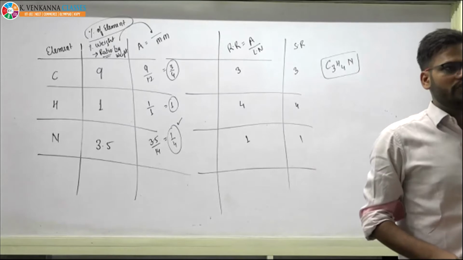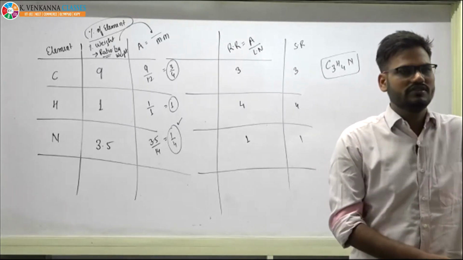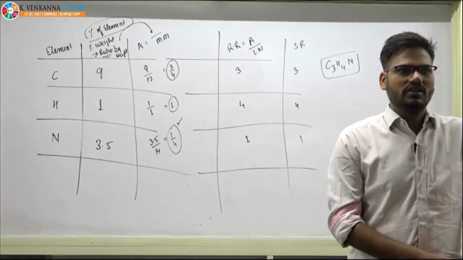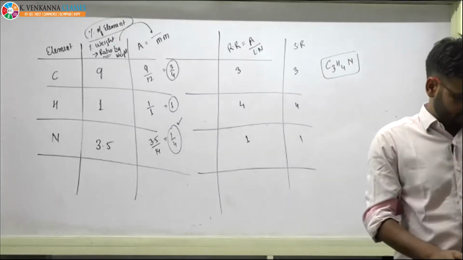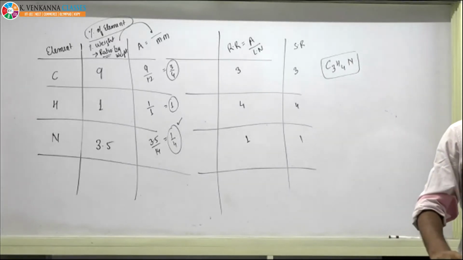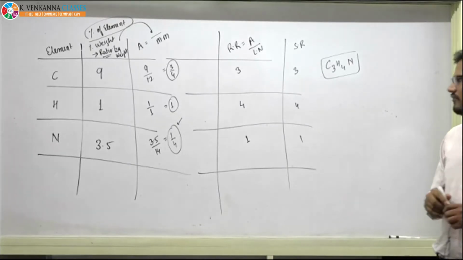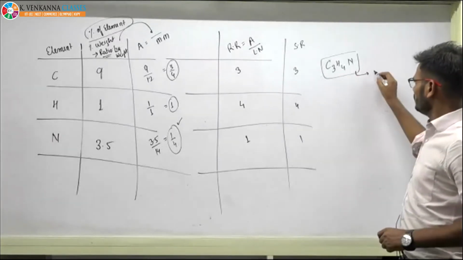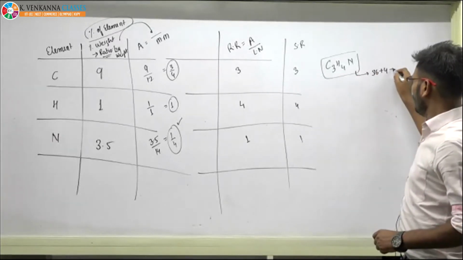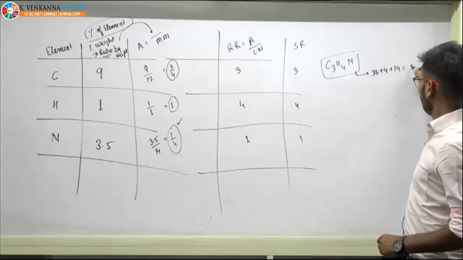This kind of problem you will face mostly in your board, in your school exams, or sometimes in NEET or JEE Mains, right? So this is our empirical formula. But at the same time, if you see, this is 36 plus 4 plus 14, so it is 54.